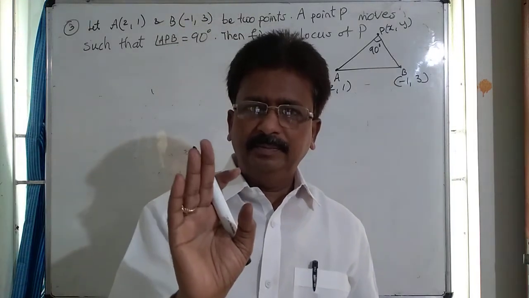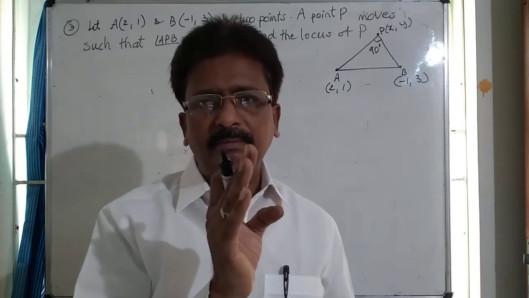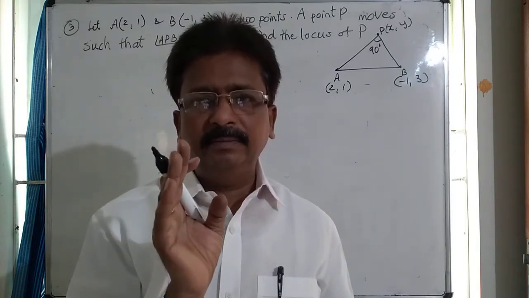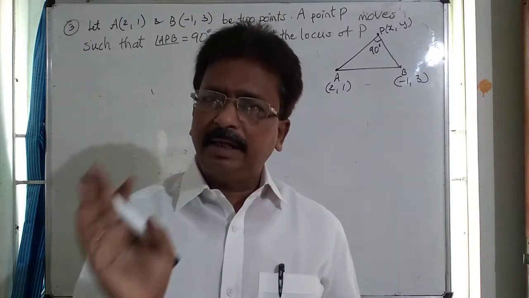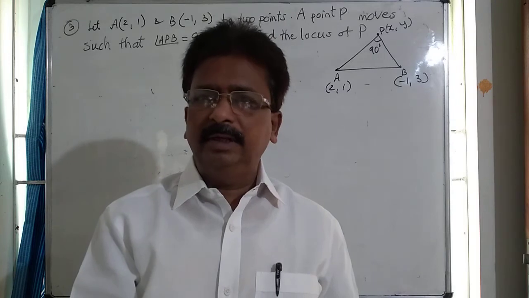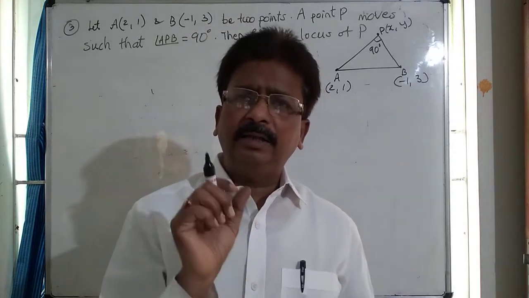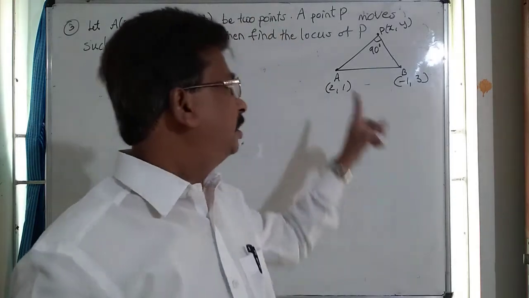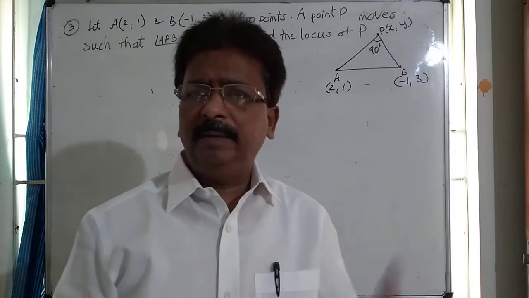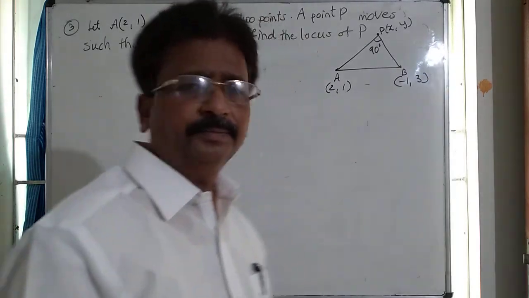No. So here we have to frame the condition. What condition can we frame? Pythagoras theorem. If the triangle APB is a right angle triangle, then it definitely follows the Pythagoras theorem. So according to Pythagoras theorem, let us write: what is the hypotenuse? AB is the hypotenuse. So AB square is equal to PA square plus PB square.